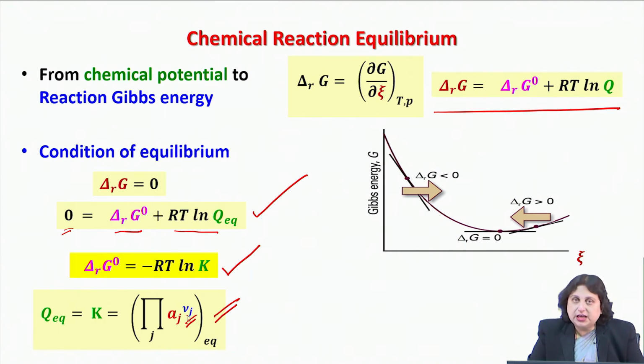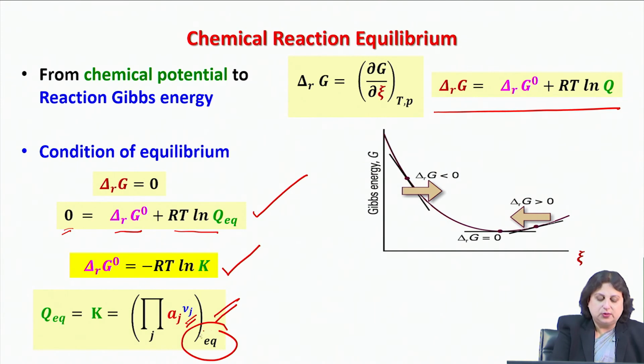Therefore, if your jth component is a product, nu j is a positive quantity. And if Aj is a reactant, then nu j is a negative quantity. And Aj is the activity, or a quantity related to the concentration, of the jth component of the reaction mixture at equilibrium.